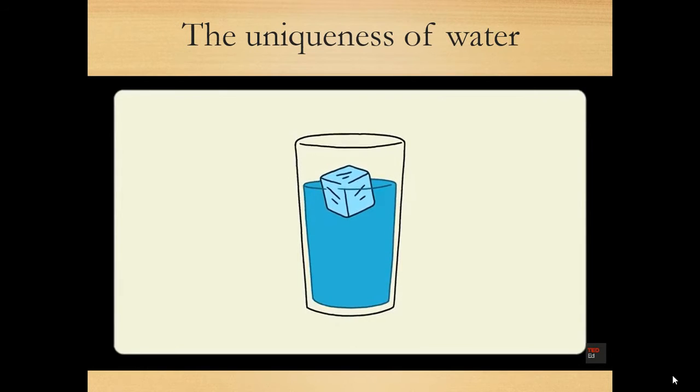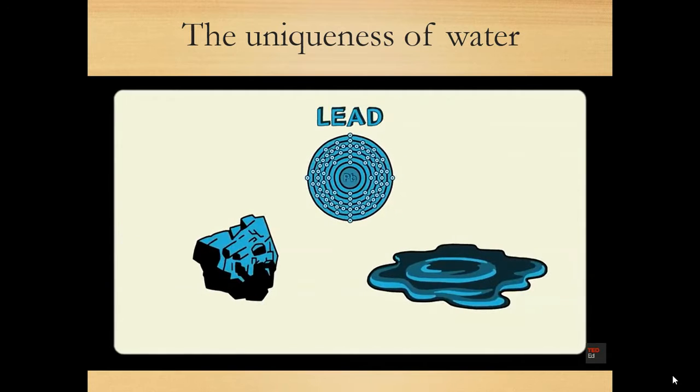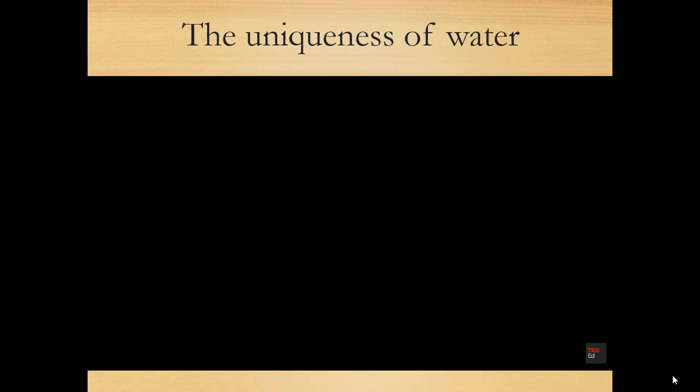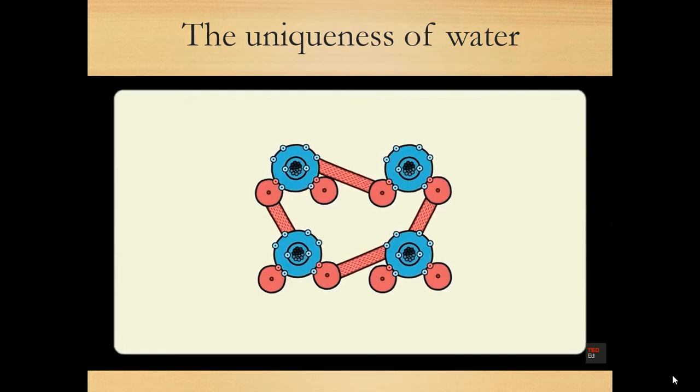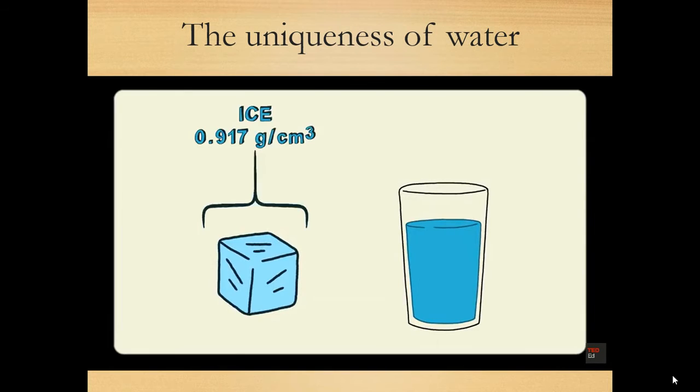Why does ice float on top of liquid water? For most other substances, the solid state is more dense than the liquid state, but that is not the case for water. Hydrogen bonds keep water molecules farther apart in frozen water than in liquid water. The farther apart the molecules are, the less dense that solid is. So ice is about 9% less dense than water, which means it floats on the top.